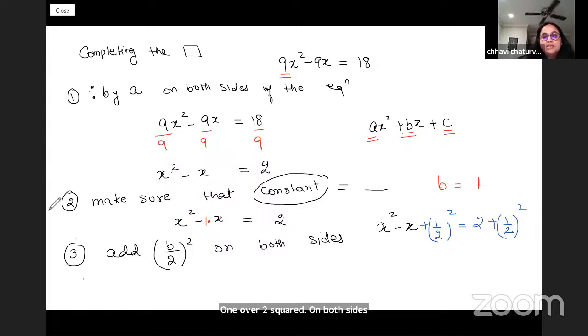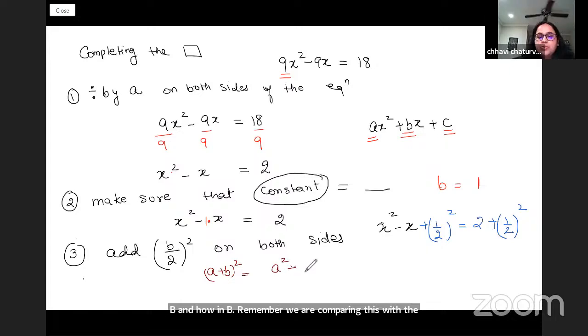All right. At this point, you have the values of your a and b. And remember, we are comparing this with the special product of a plus b squared, which is a squared plus 2ab plus b squared. So now you need to analyze and find what is that term which is being squared.